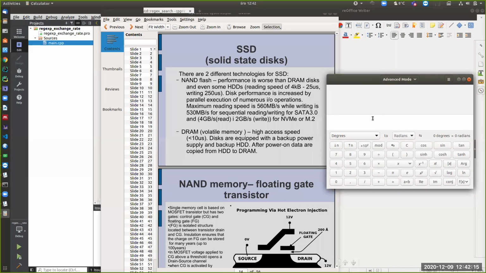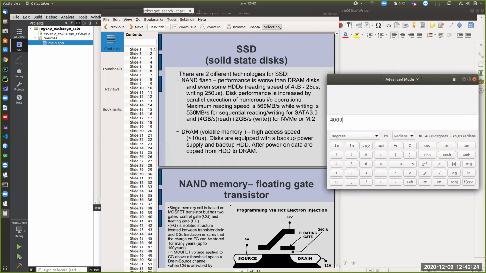If I am able to read 4 kilobytes divided by 25 microseconds, this is the amount of time in which I am able to read 4 kilobytes.